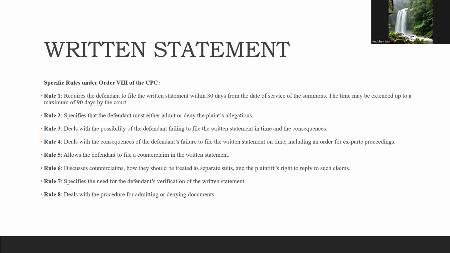Adjudication of 7/11 takes time, so defendants generally do not file the written statement within 30 days or even 90 days. Once the 7/11 application has been decided, then they file the written statement. So this is what the written statement is.